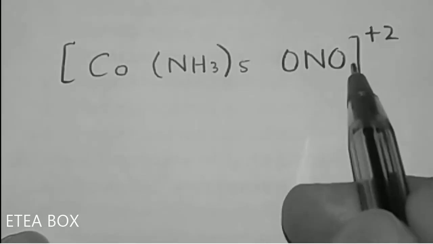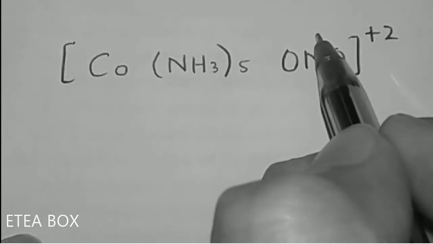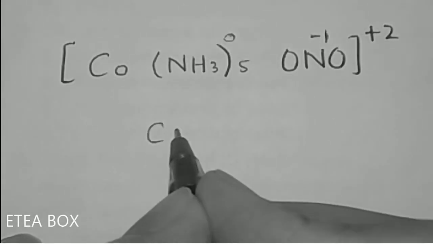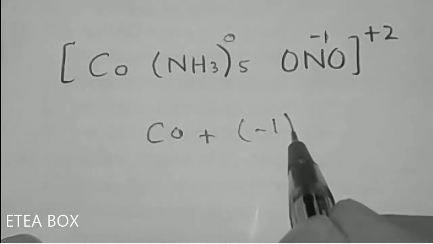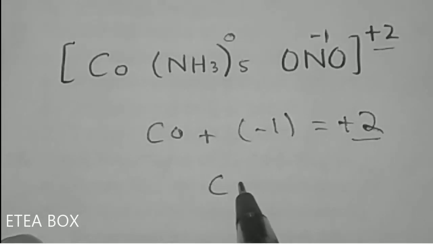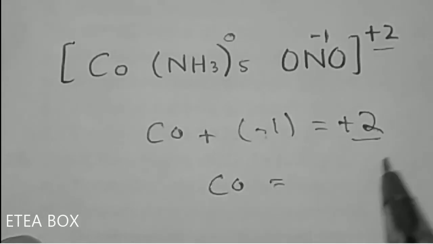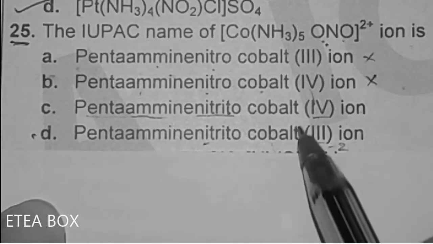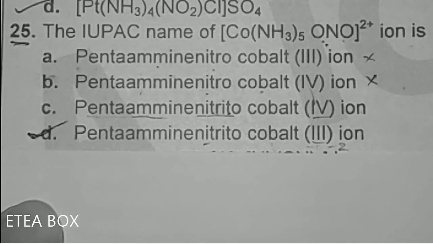Look here, the oxidation state of nitrito is -1, and the ammine is neutral, so it gives 0. So cobalt plus -1 is equal to +2, because this one is charged +2. Cobalt is equal to, bring this -1 here, +2 plus 1, so it will be +3. The oxidation state of cobalt is +3, so it means that this one is correct. Option D is correct here.